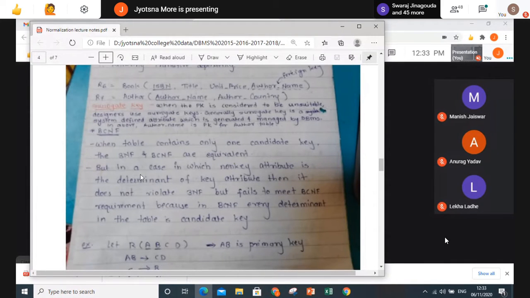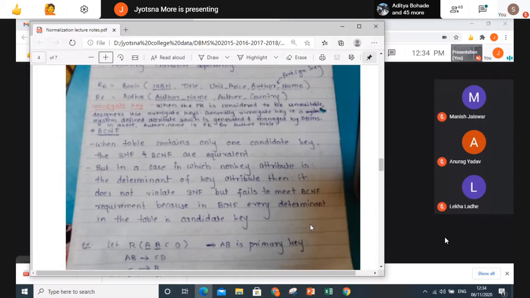This does not violate 3NF, because there we are checking transitivity, but it fails to meet the BCNF requirement, because in BCNF every determinant in the table should be a candidate key. So that you have to check in BCNF.